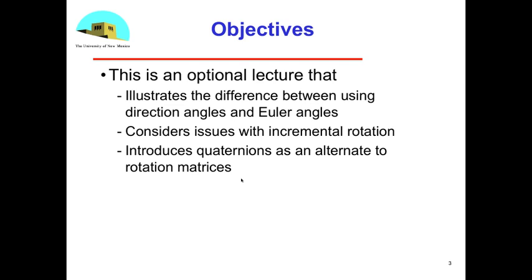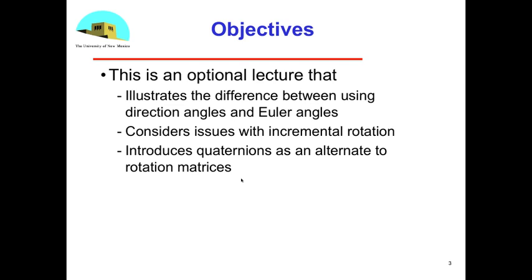So I want to do a couple of things here. What I want to do first is look at what direction angles are and Euler angles. I'm going to just go over very quickly a longer example that's in the book, which shows you how to do a general rotation by building up these smaller rotations about the x, y, and z axes, and then come back to the issue of what happens if you're doing a lot of little rotations to try and do things smoothly that are based on the Euler angles.